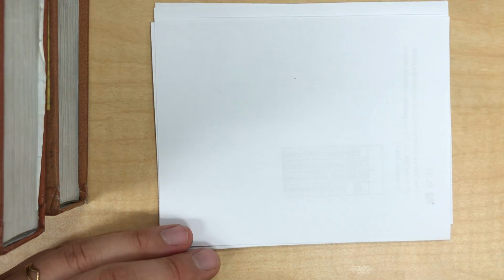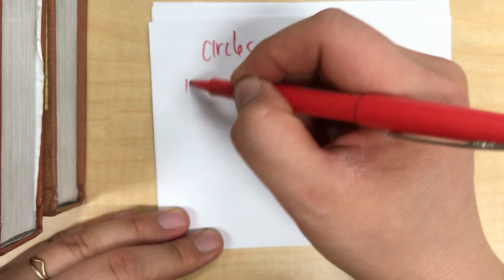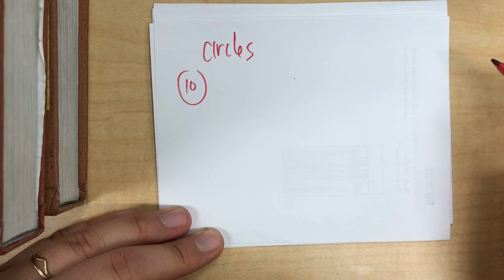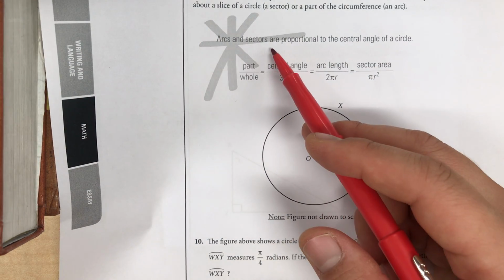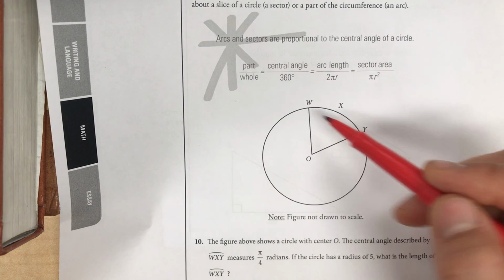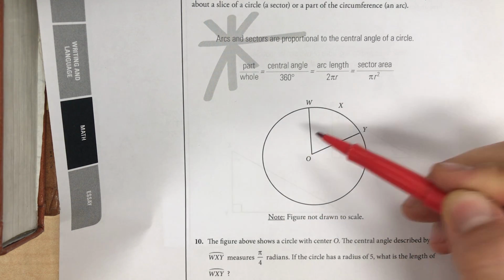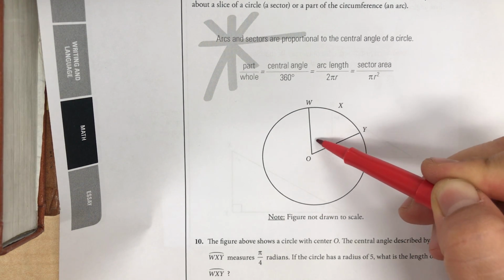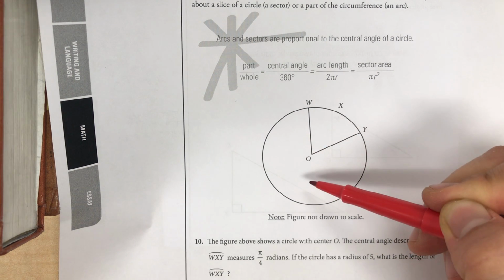Okay, the next one is going to be circles, number 10. If you look here at the question, it says the arc and sector are proportional to the central angle of a circle, like a part, this little part, over the whole. It's the same thing as this central angle over the whole, which is 360.